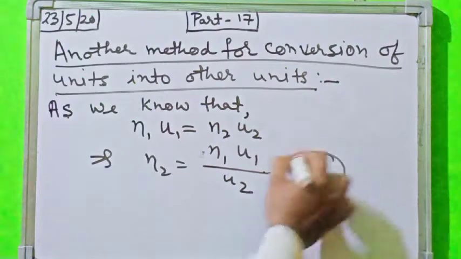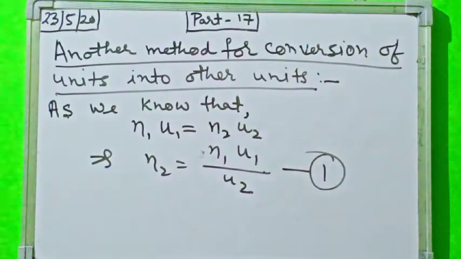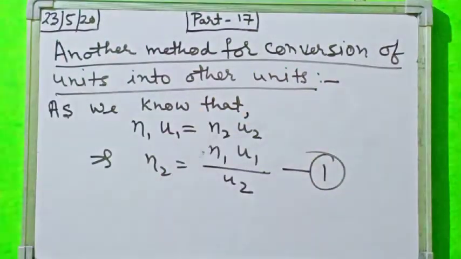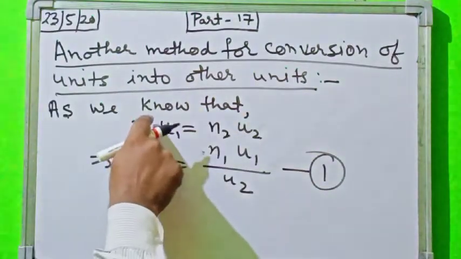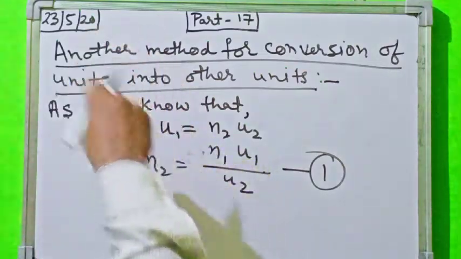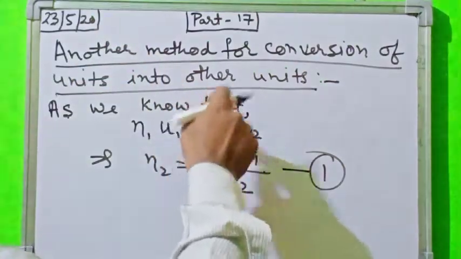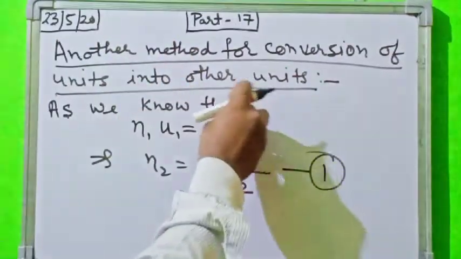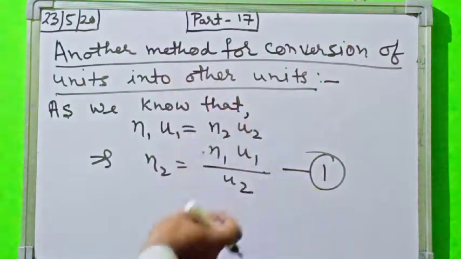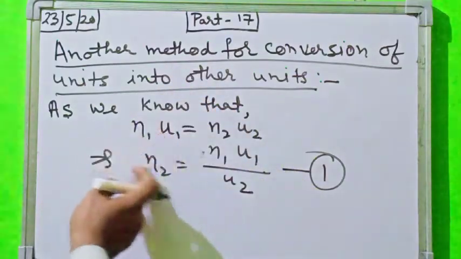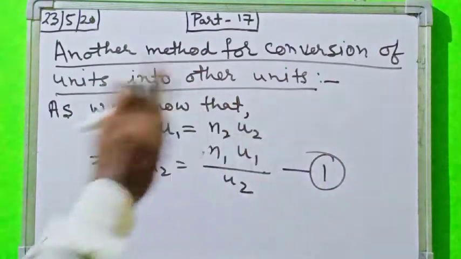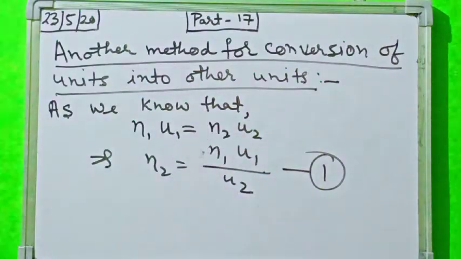Suppose this is equation number 1, because we know that numerical value into unit is equal to constant. Suppose this is the numerical value for the first system of unit, this is the unit for the first system of unit, this is the numerical value for the second system of unit, and this is the unit for the second system of unit. So we have calculated the numerical value of the second system of unit in terms of the first system of unit and the unit of the second system.